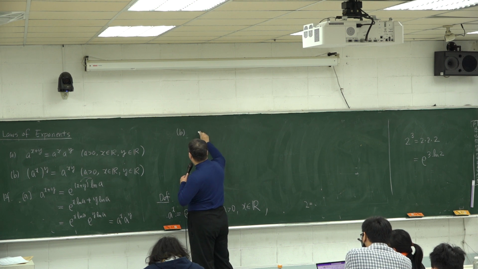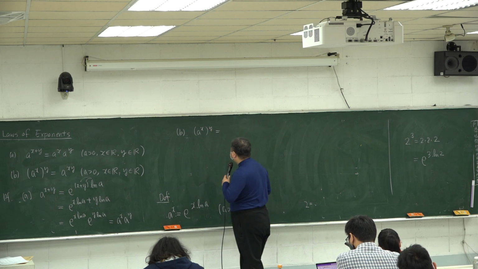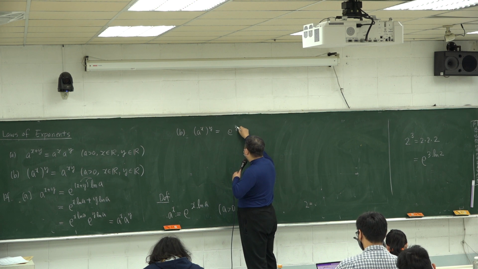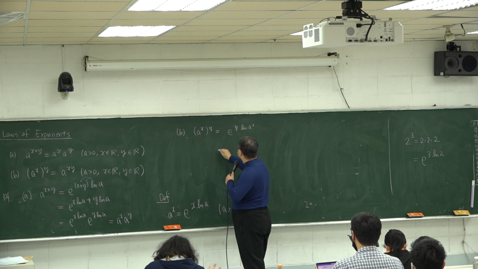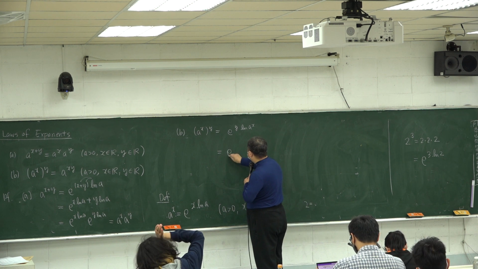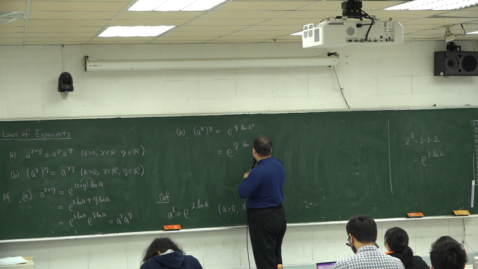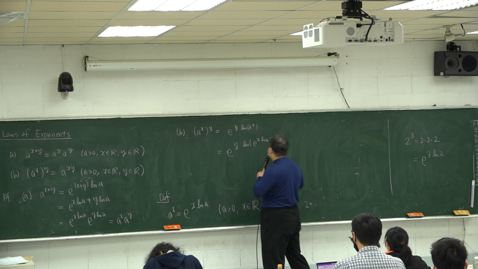For B, again, this is exponential of y ln of a to the x. Then exponential of y times ln of a to the x means e to the y x ln a, by definition.